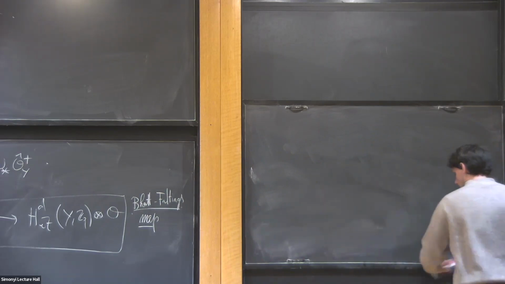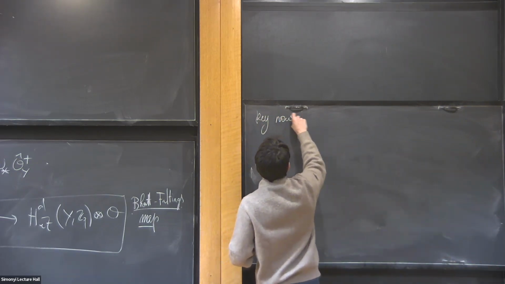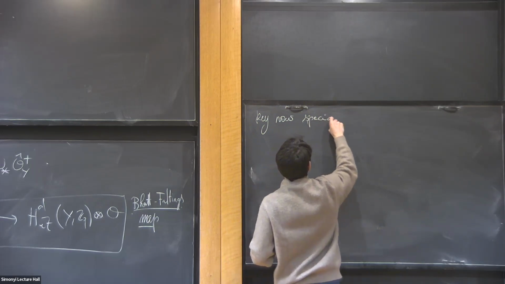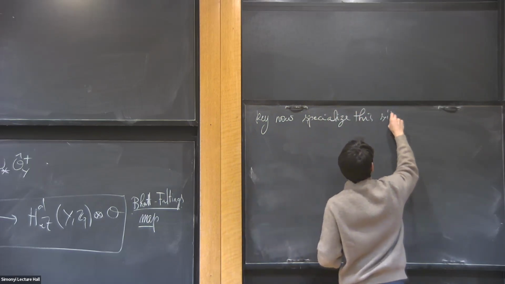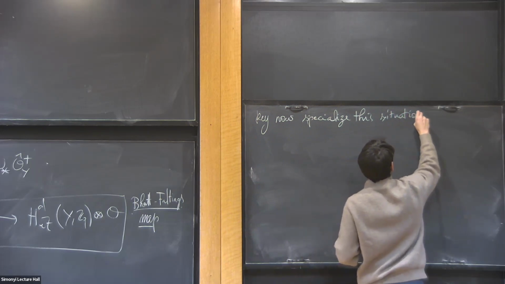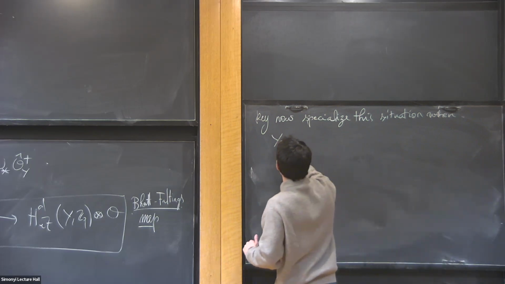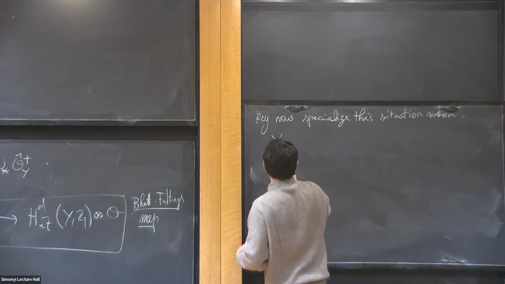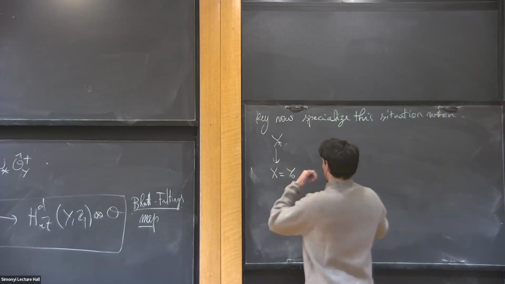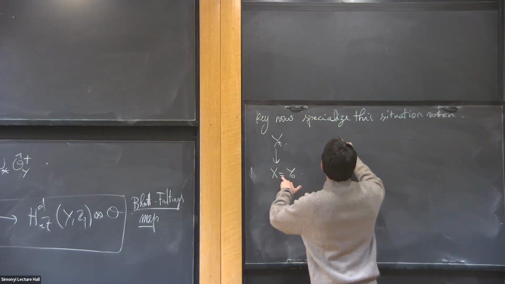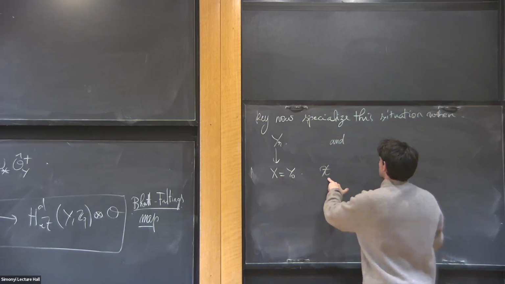So the key now, specialize this situation when you have y_r over x, which was y naught. So this has hyperspecial level at p. And so this one has an actual smooth model over Zp.